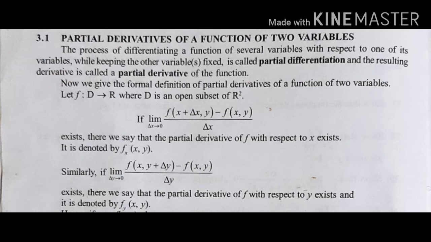Similarly, if the limit as delta y tends to 0 of [f(x, y + delta y) − f(x, y)] divided by delta y exists, we say that the partial derivative of f with respect to y exists, and this is denoted by fy(x, y).